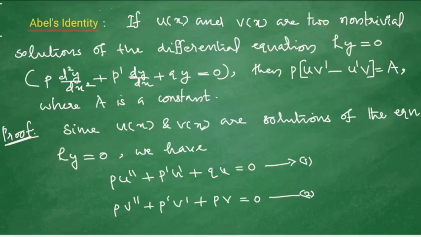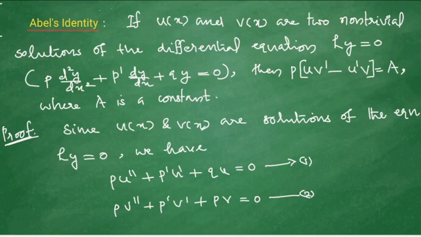So let's discuss that first. Then we can determine C1 and C2 if the Wronskian exists, and thus we will get the Green's function. For that, first we will move to prove Abel's formula.